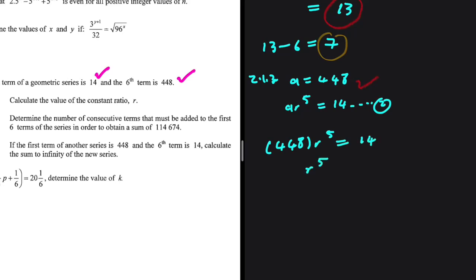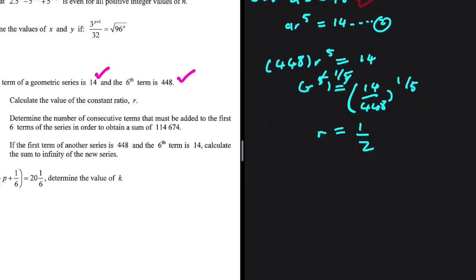So R to the power 5 is equal to 14 divided by 448. So we can just take everything to the power 1 divided by 5. So 5 and 5 cancel out. We have R being equal to 1 divided by 2. So there we go. We have our common ratio. It is 1 divided by 2.